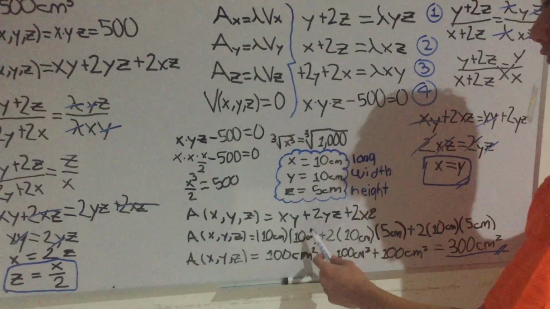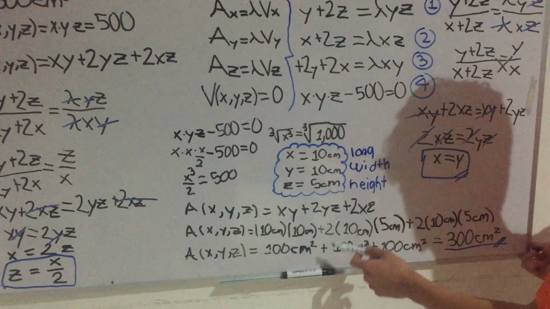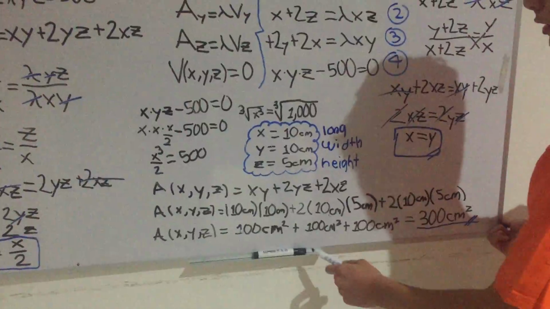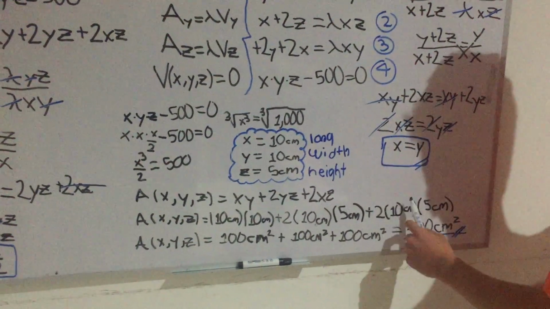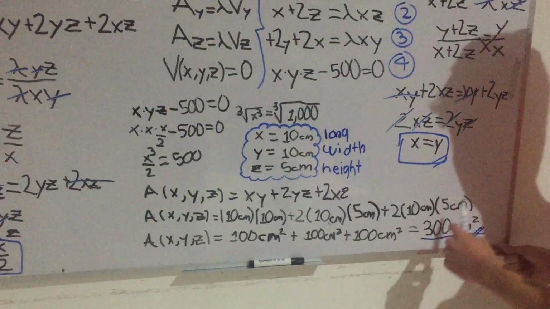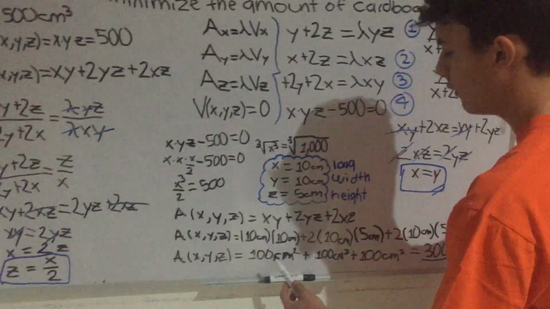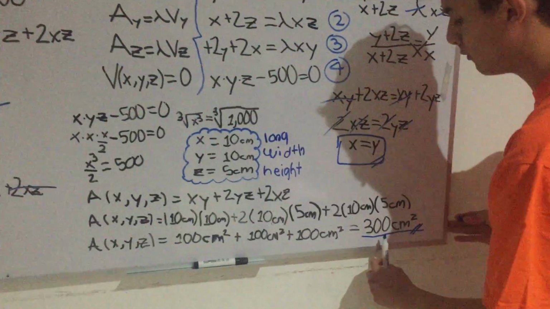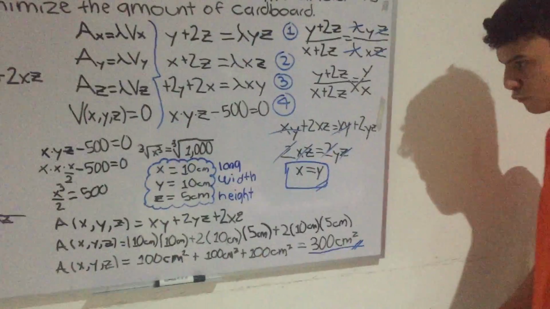So 10 by 10, 100, 2 by 10, 20 by 5, 100, and the same here. 2 by 10, 20 by 5, 100. And 100 plus 100 plus 100 is equal to 300 centimeters squared.